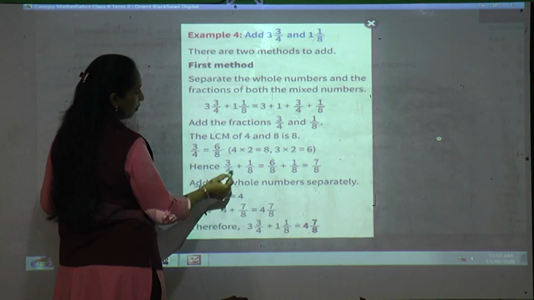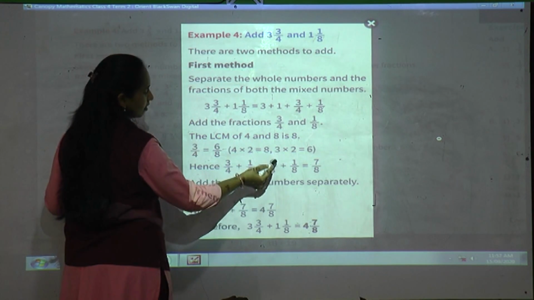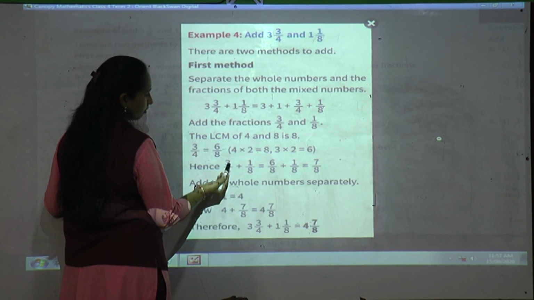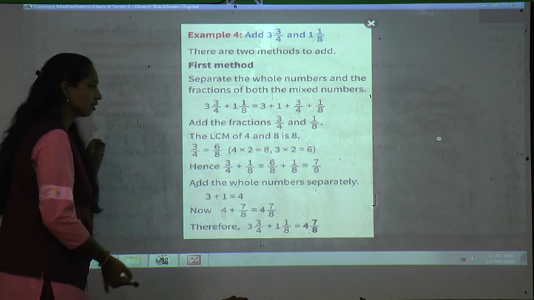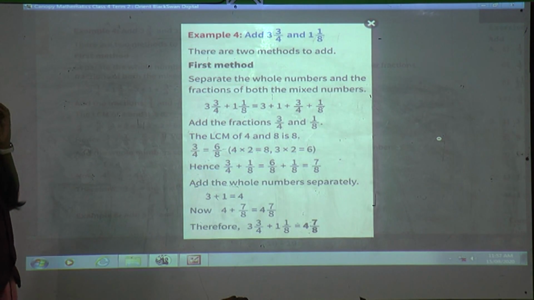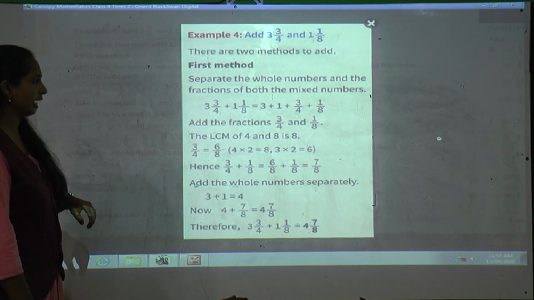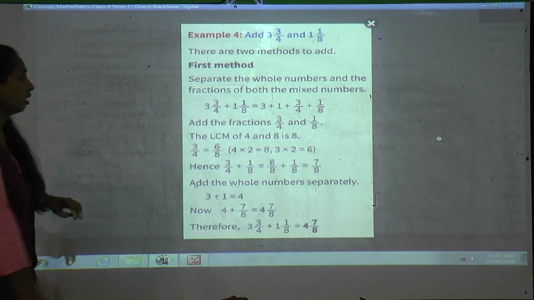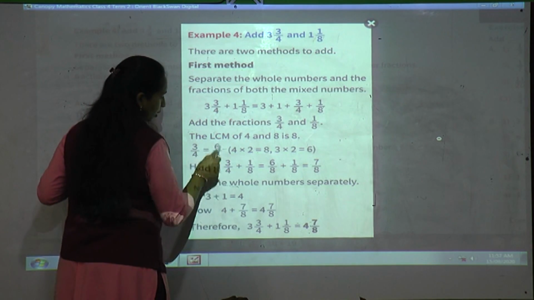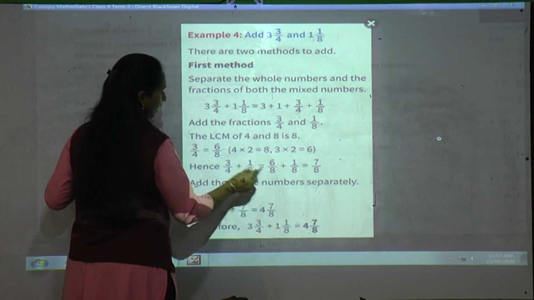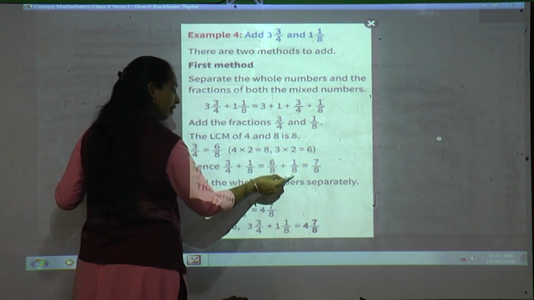So 3 upon 4 plus 1 upon 8, what will come? 3 upon 4 means what? 6 upon 8. And 1 upon 8 means 1 upon 8 only.